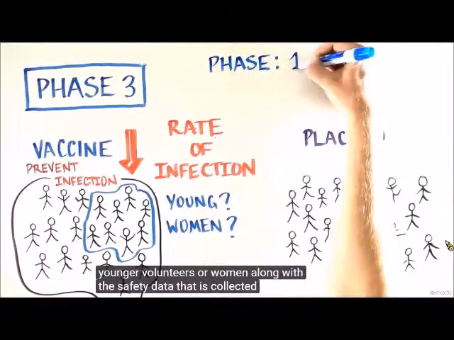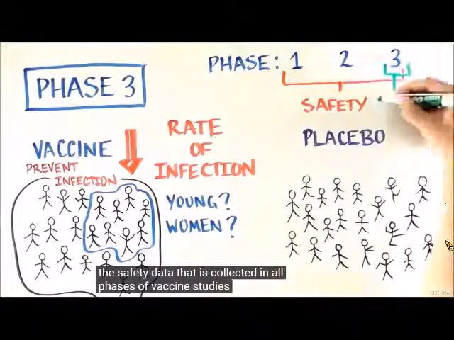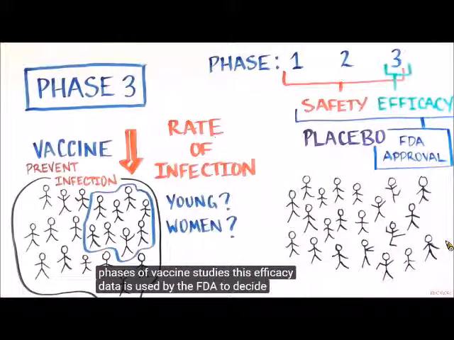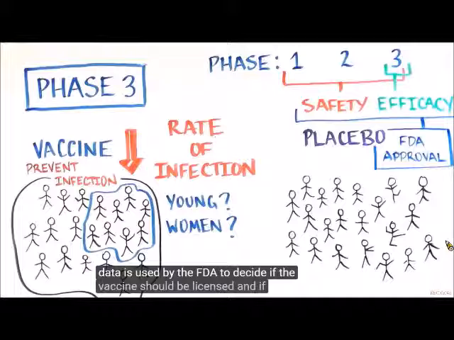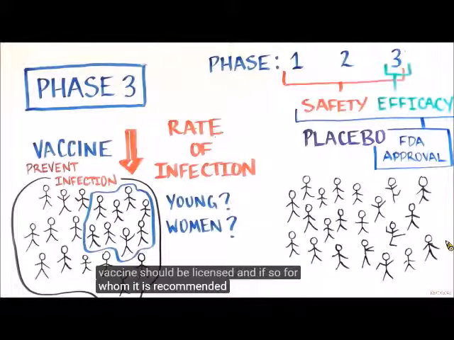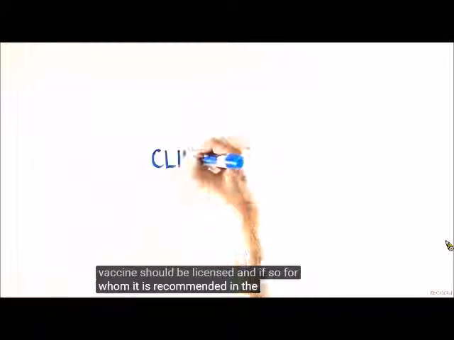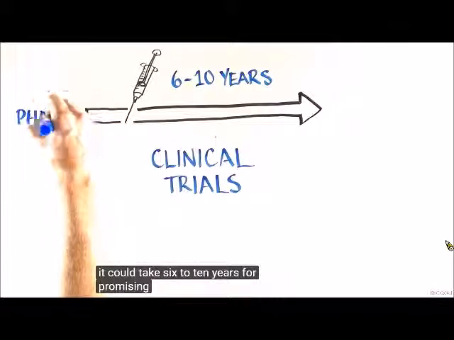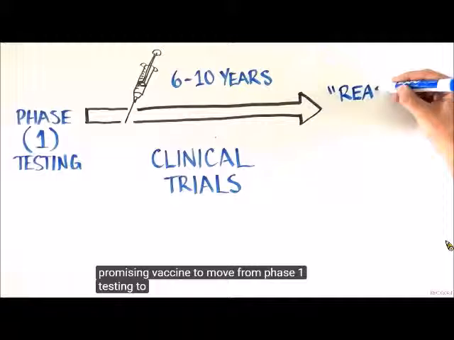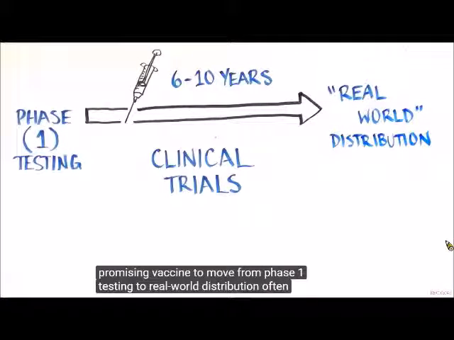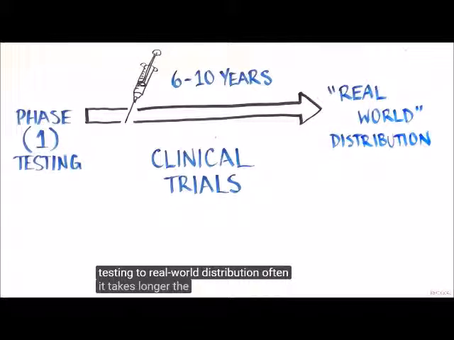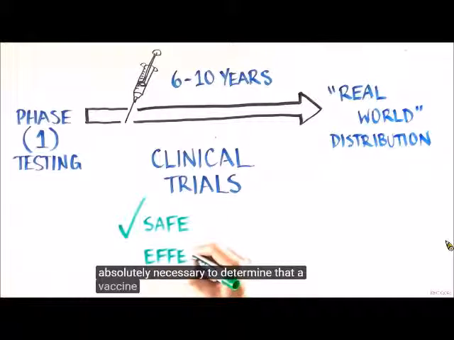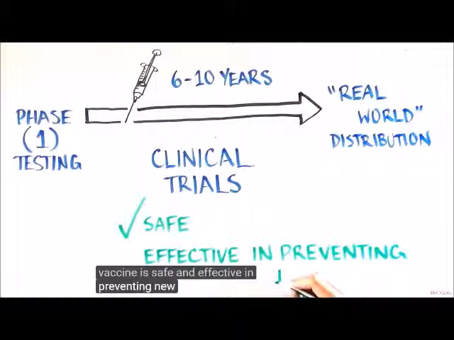Along with the safety data that is collected in all phases of vaccine studies, this efficacy data is used by the FDA to decide if the vaccine should be licensed, and if so, for whom it is recommended. In the best case scenario, it could take 6 to 10 years for a promising vaccine to move from Phase 1 testing to real-world distribution. Often it takes longer. The clinical trials are absolutely necessary to determine that a vaccine is safe and effective in preventing new infections.